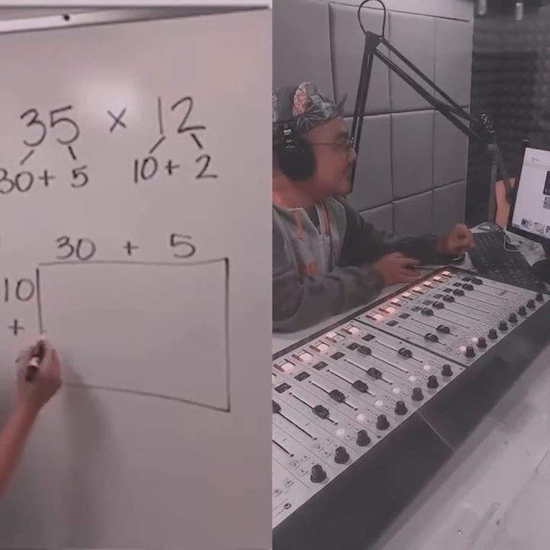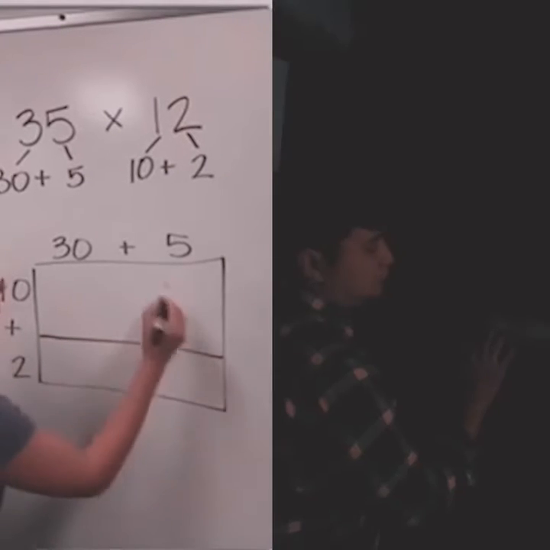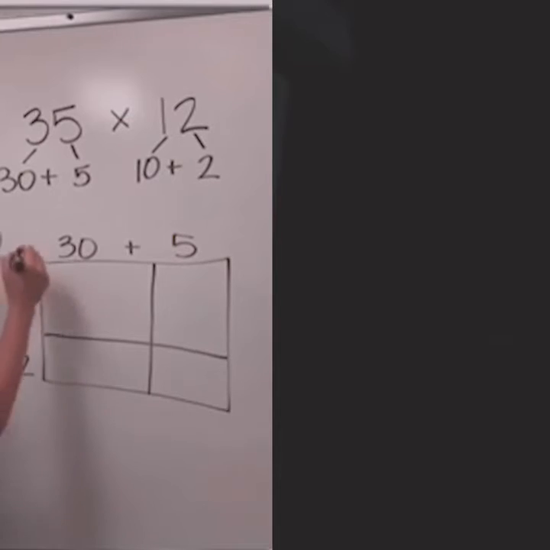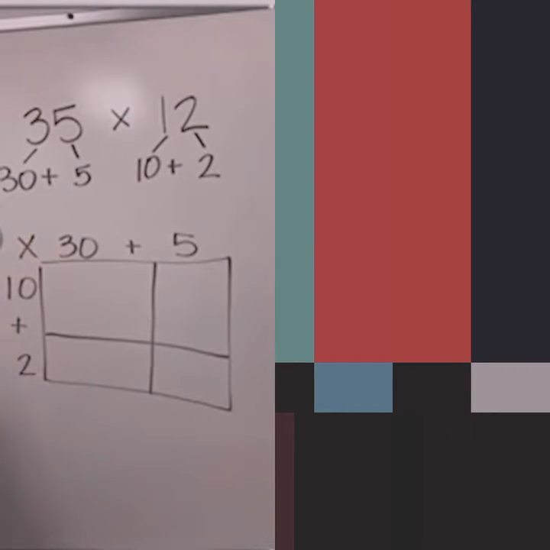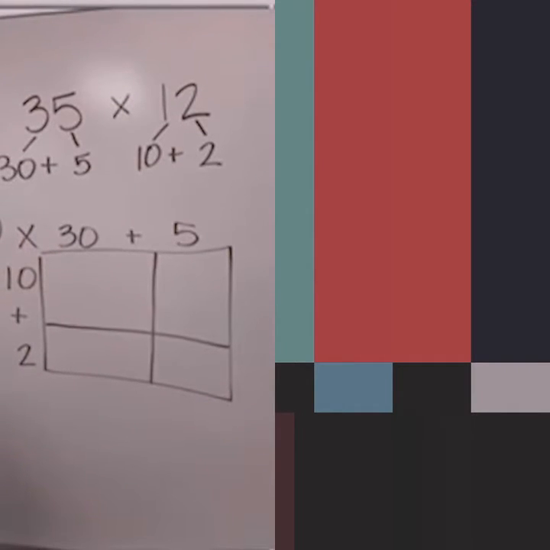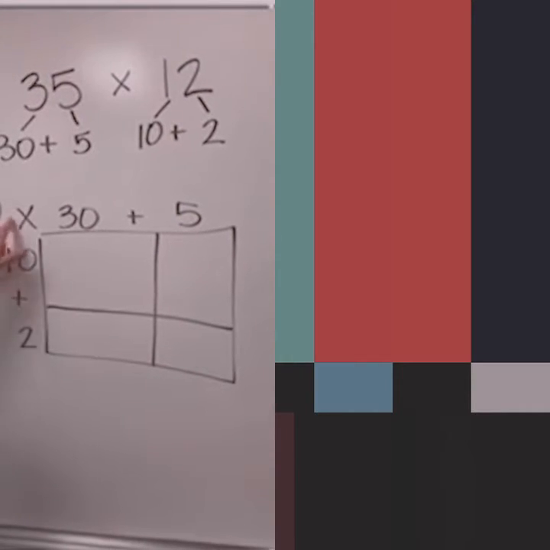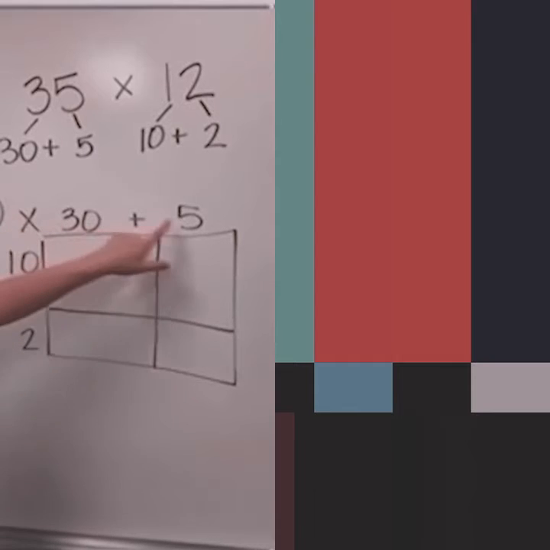Where your plus signs are, I want you to draw lines through the middle and down it. And then in the very corner we're still multiplying, so I'm going to put a big multiplication sign. Starting with our very first number on the top, we say 10 times this, 10 times that.